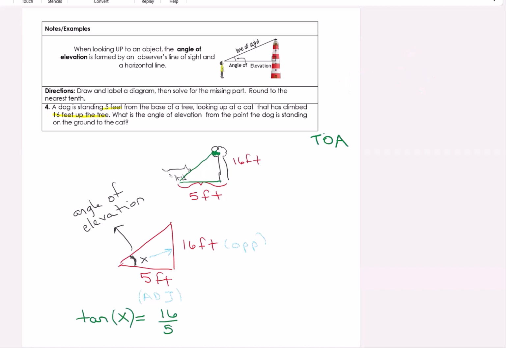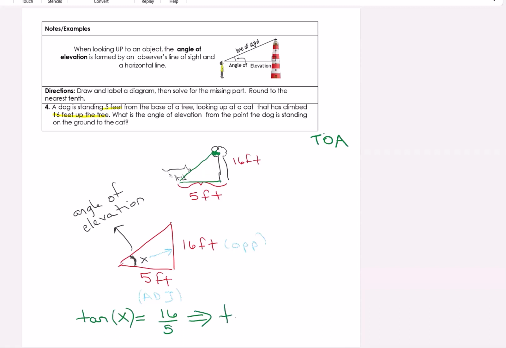Now all I have to do is find X, but these are not multiplied. This is a function, which means I have to use the function that cancels out tangent, which is inverse tangent.